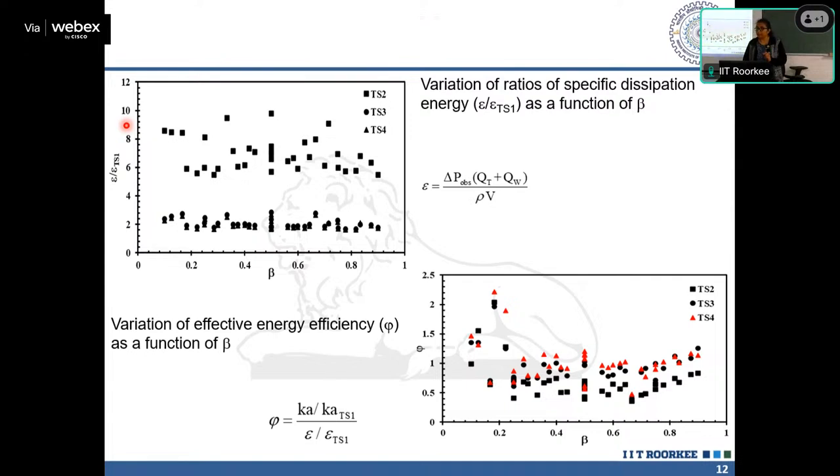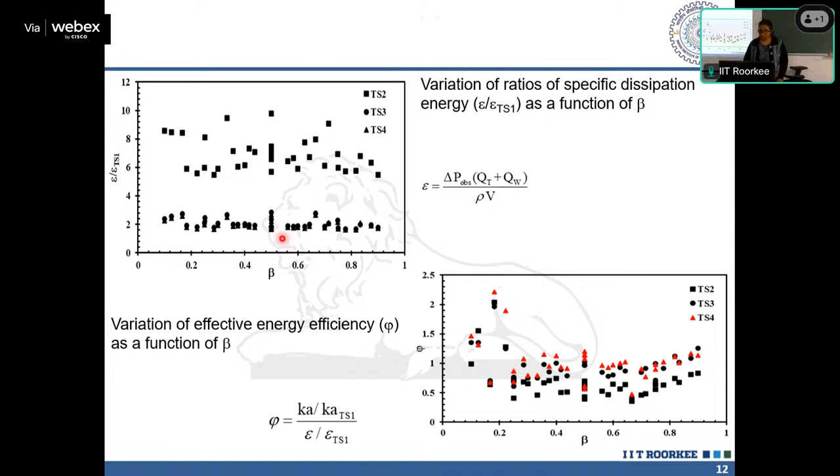We want to understand, TS1 is my least, TS1 gave me the least efficiency. I want to increase the efficiency. So how much is the viscous dissipation increasing for that? What is the increase of energy loss for TS2, TS4 and TS3?